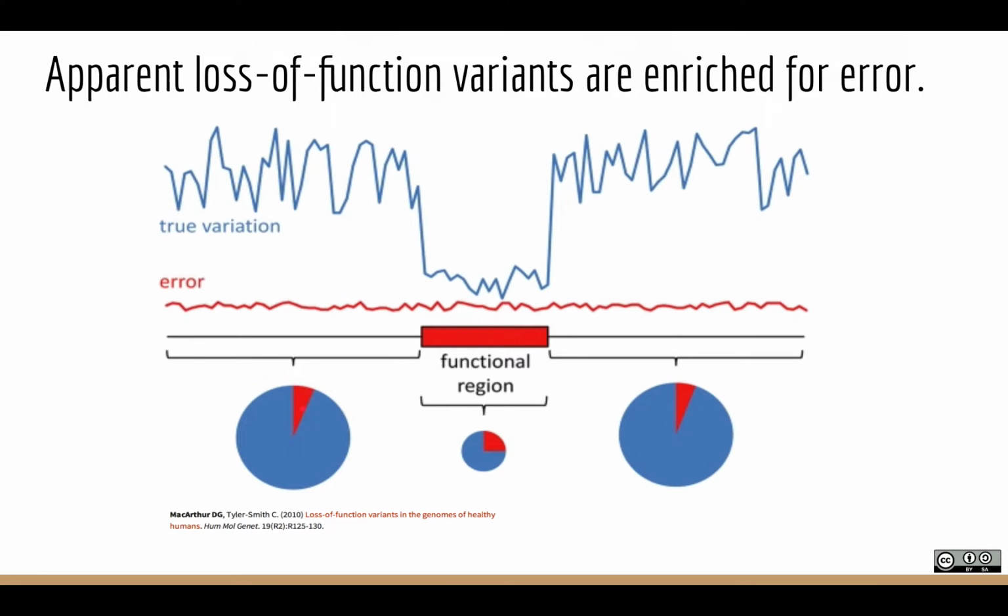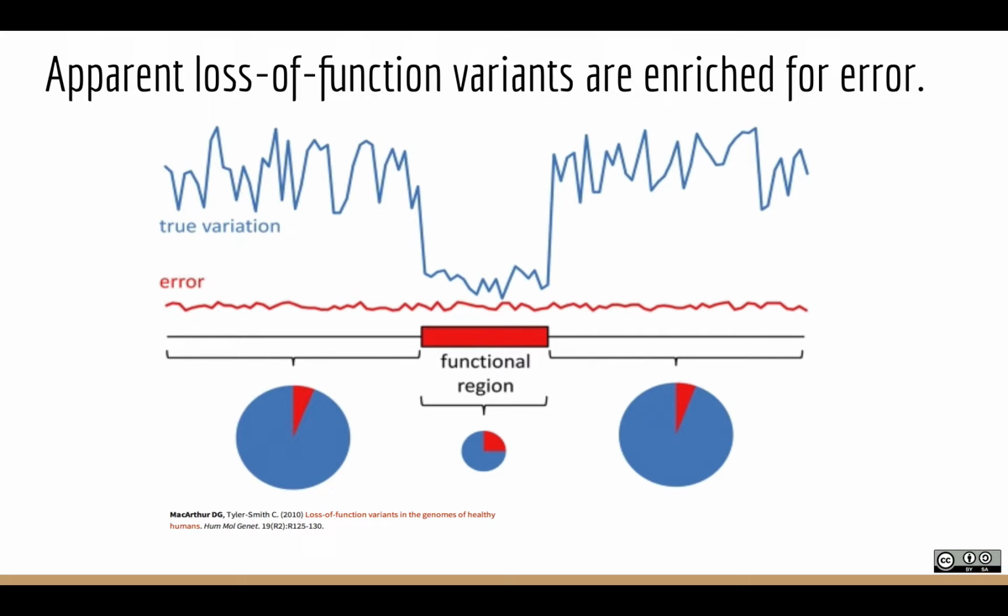It's relatively low in non-coding sequence, but that proportion increases in coding sequence because the signal and the noise are so close to one another. So another way to think about this is if your error rate and the rate of the thing that you're looking for are the same, then by definition, half of your predictions will be false, right?